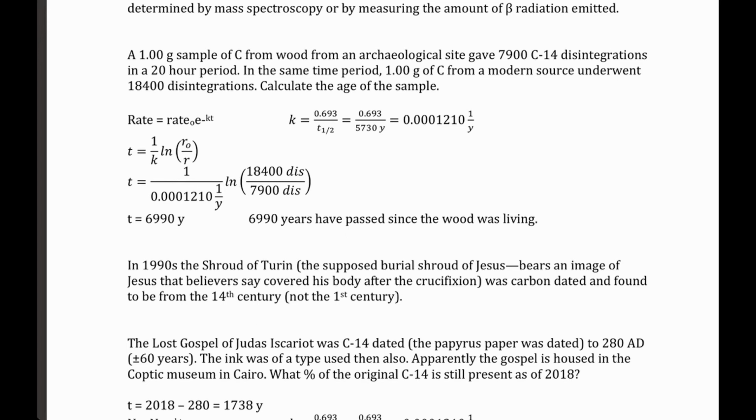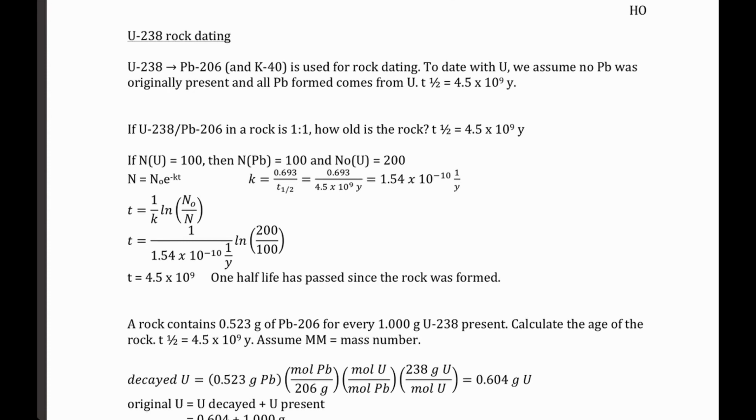Now it's down to 7,900. So the rate R is 7,900, whereas R naught is that value 18,400. So we would calculate a time that the wood was once from a living tree to be 6,990 years ago.